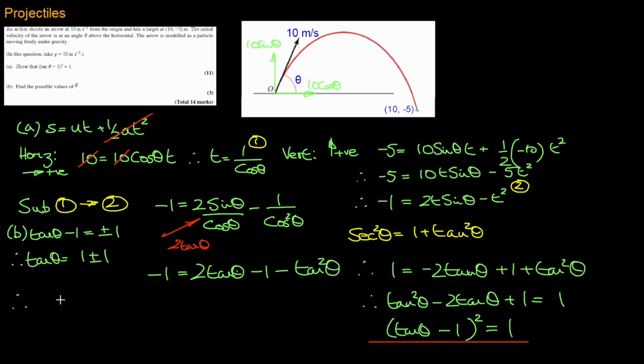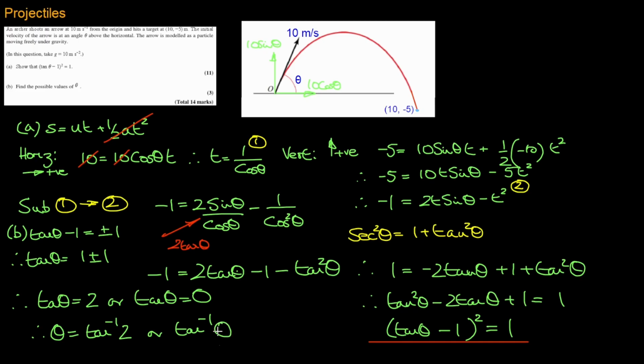So our two possible values of tan θ are that tan θ equals 1 + 1, which is 2, or tan θ equals 0. So our two answers for theta are that theta equals tan⁻¹ of 2, or tan⁻¹ of 0.